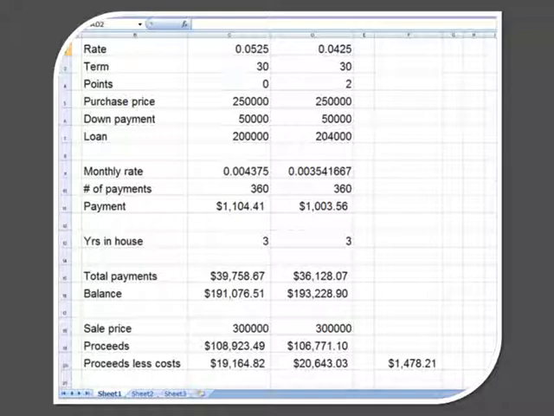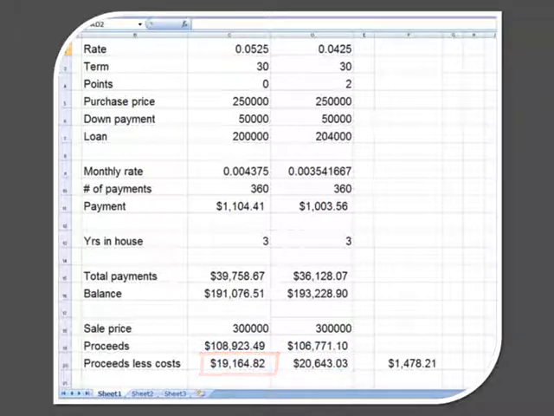Well, the proceeds then are just the difference between the sale price and the balance on the house. And so we can calculate then the proceeds less the costs, and you can follow through this spreadsheet in more detail on your own. But remember that our objectives were ultimately to maximize proceeds less costs. So we see that in cell D20, the proceeds less the costs are larger than they are in cell C20.